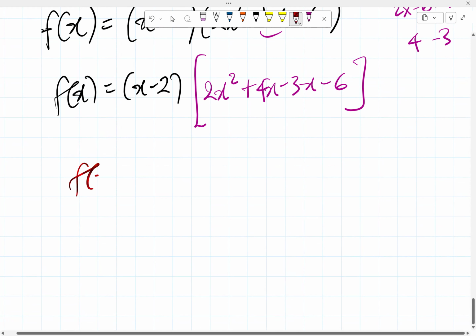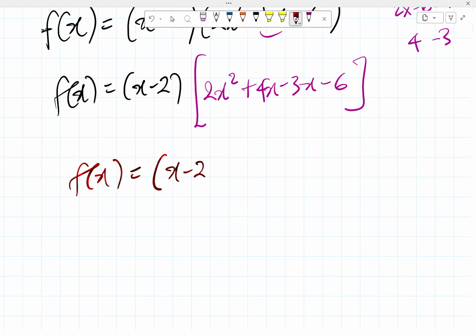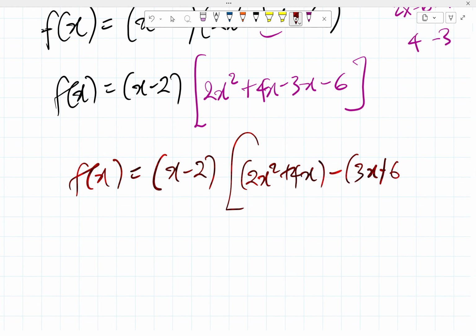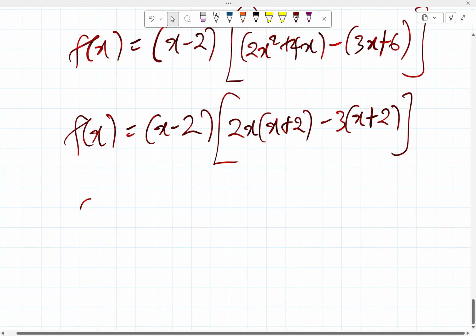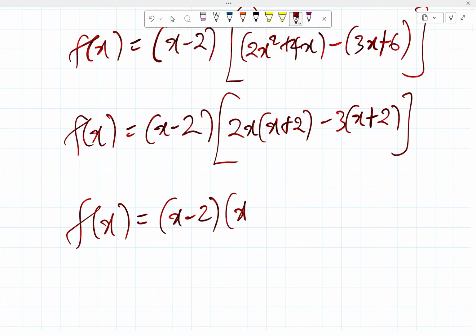So we have f of x equals x minus 2 into, we can group now, 2x squared plus 4x minus 3x minus 6. So f of x is equal to x minus 2. Now we can factorize 2x into x plus 2 minus 3 into x plus 2. So we have f of x equals x minus 2 into x plus 2 into 2x minus 3.